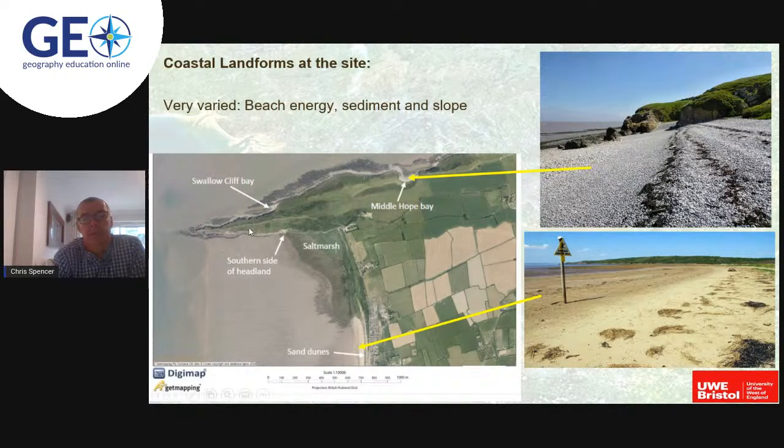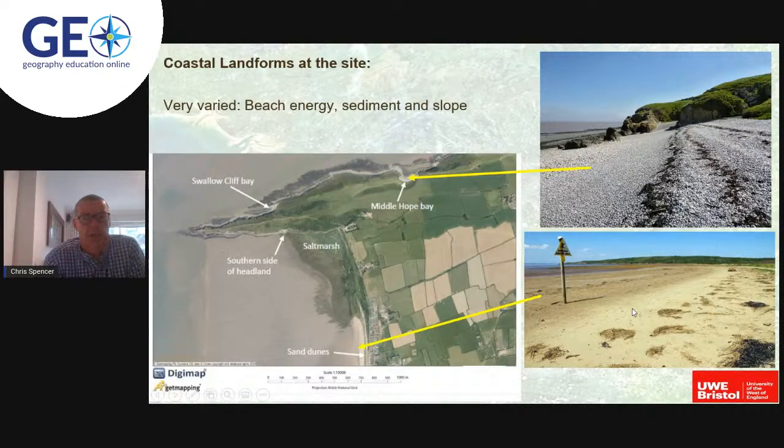We've then got the beaches themselves. To the north here, we have a number of gravel beaches. This one in particular is in this more open bay at Middle Hope. We could look at how beach energy is different. There are steep slopes on these gravel beaches, made of different sediments, gravels rather than sands. Whereas to the south, we've got much wider, flatter, sandier beaches.